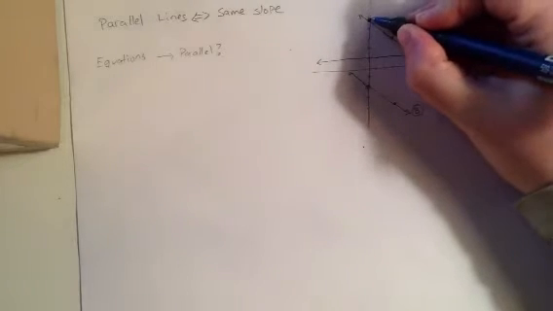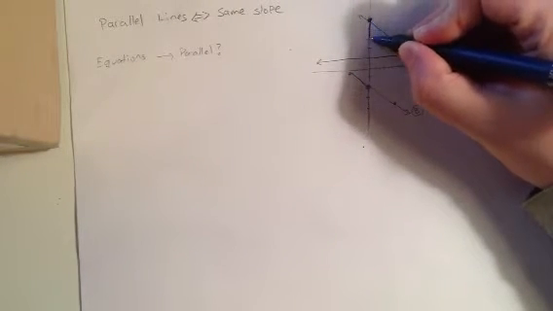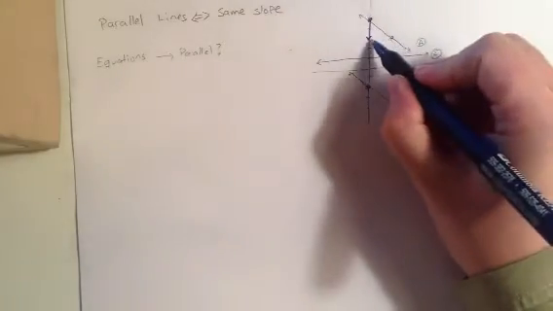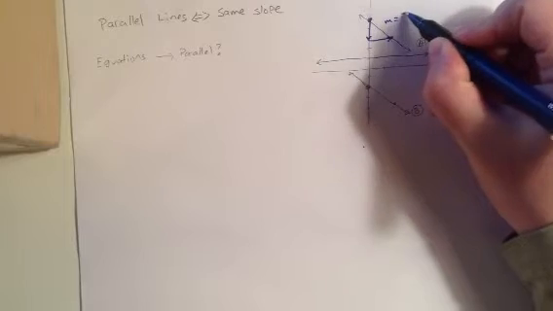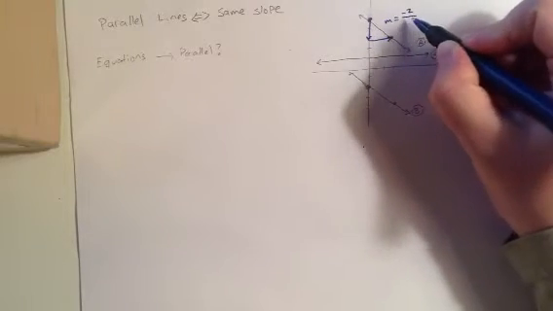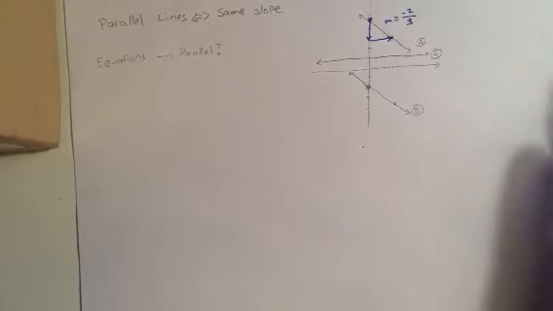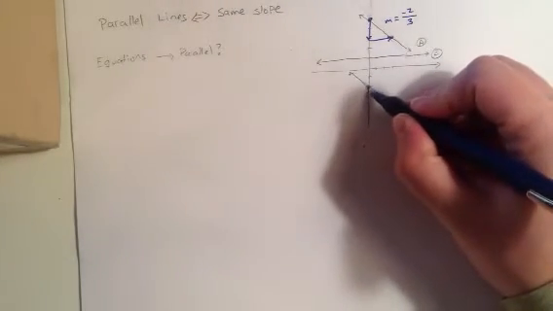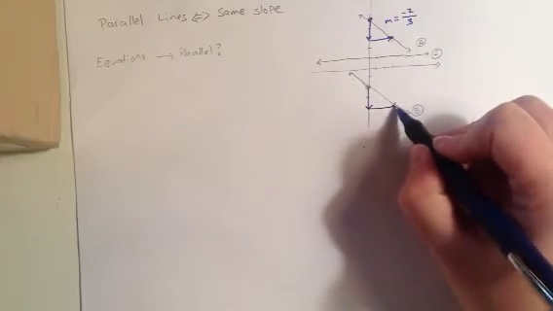If I look at this point here, I will move down 2, right 3. So the slope of this line is -2/3, that's the down 2, over +3, that's the right 3. Line B, notice the same thing is happening. Down 2, right 3.